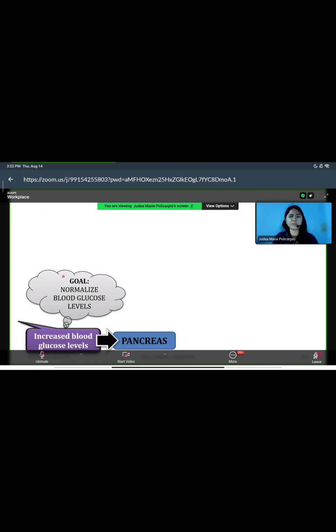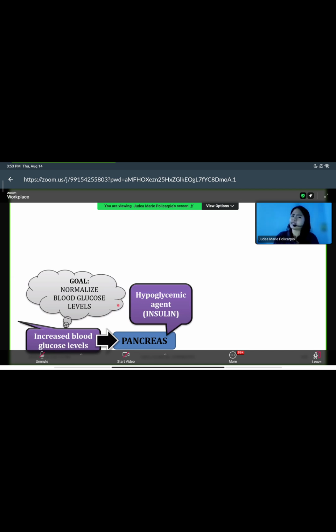Kailangan mo siyang ibalik sa normal eh. So, anong gagawin mo para bumalik sa normal? Yung mataas, pabababain mo. Ano gagawin natin para mapababa yung ating blood glucose? Magpo-produce ngayon si pancreas ng pampababa ng sugar. We call it a hypoglycemic agent. And sino nga ba yung hormone that can serve as a hypoglycemic agent? That can lower the elevated blood glucose natin? We would call that your insulin.